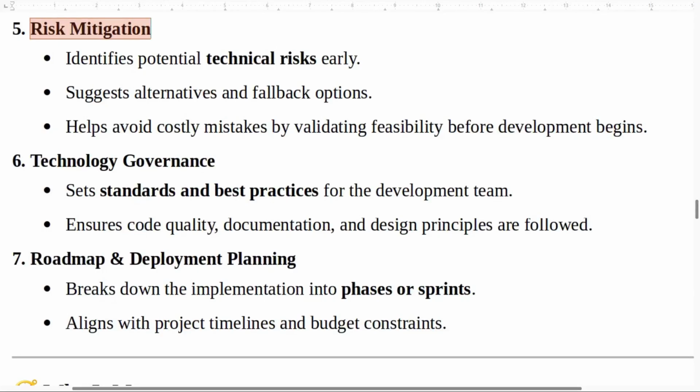Next up is risk mitigation. Under this, the architecture has to point out risks and rollback options. It can also provide workarounds if risks materialize. Architecture should also provide governance roadmaps and standards.